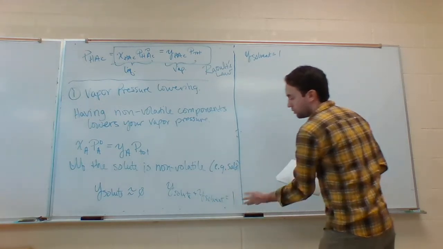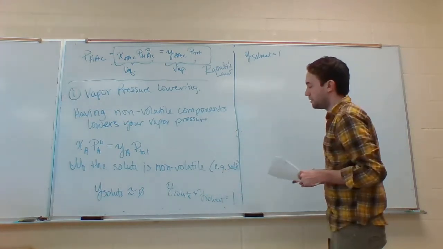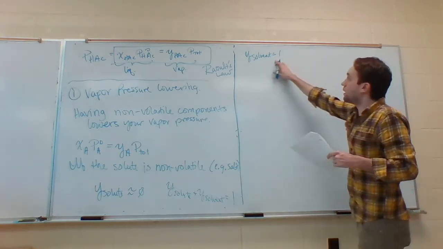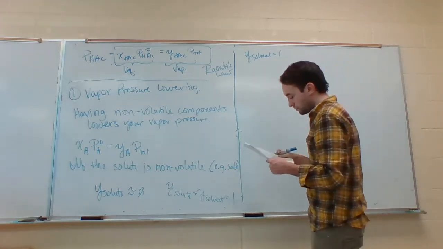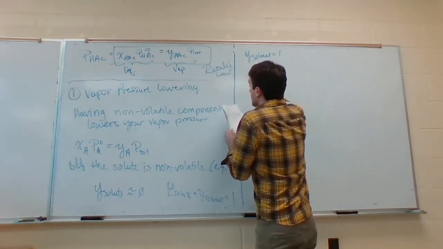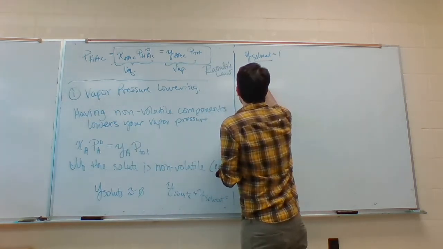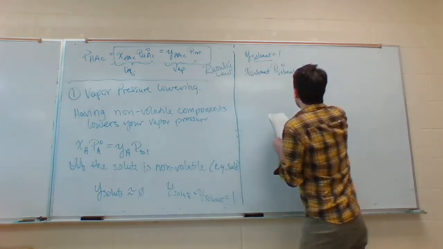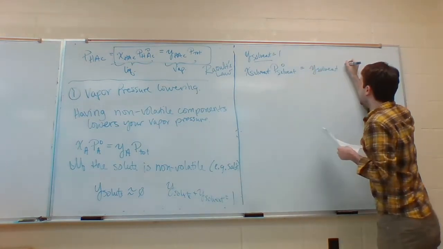If you have a 2-component mixture, you can always use that equation to get out the other component. We'll do it for a volatile component later. So we know that we have our mole fraction of the vapor of the solvent equal to 1. So if we plug all of this in for our solvent, we have X of the solvent, P of the solvent pure, Y of the solvent, and P total.